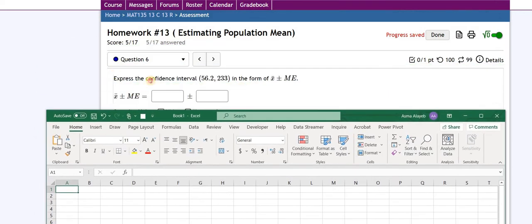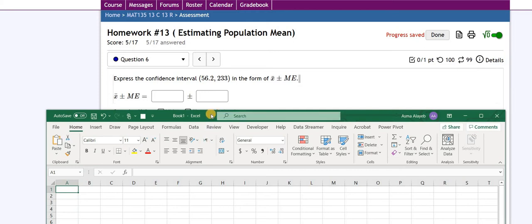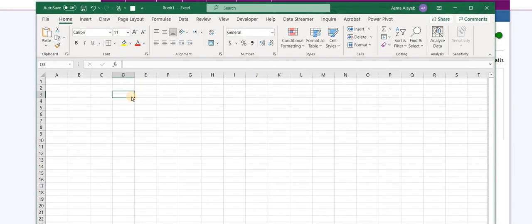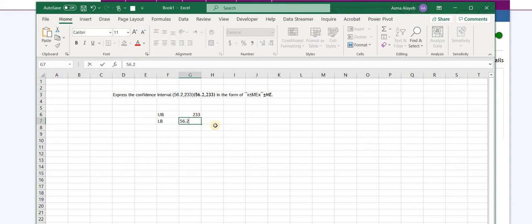So if I'm going to copy this question, let me see if I am able to, and I will head to Excel. Okay, I still see the numbers, so that's okay. I'm going to put my numbers here. I see that the upper bound is the bigger number, which is 233, and the lower bound is equal to 56.2.